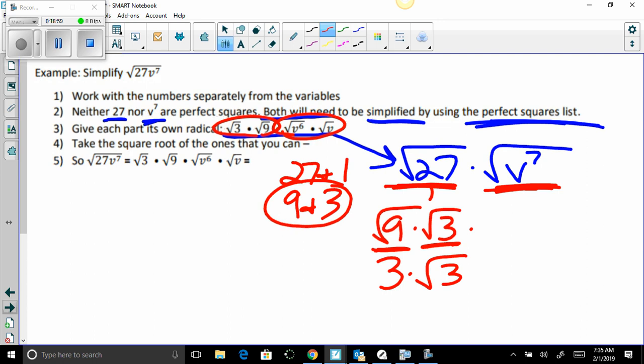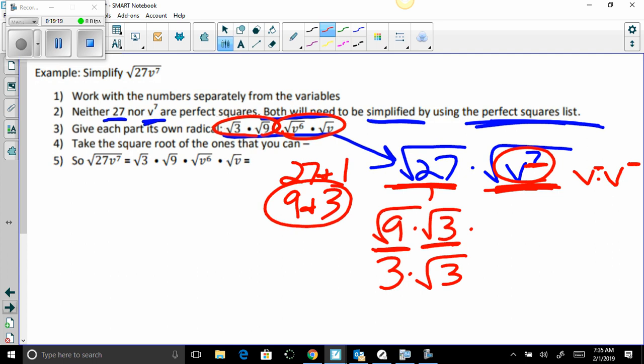Is there any number? Think about this. b times b. What exponent, the same exponent added together, gives me 7? Well, there isn't one. Notice that's an odd number. When that occurs, it's not a perfect square.